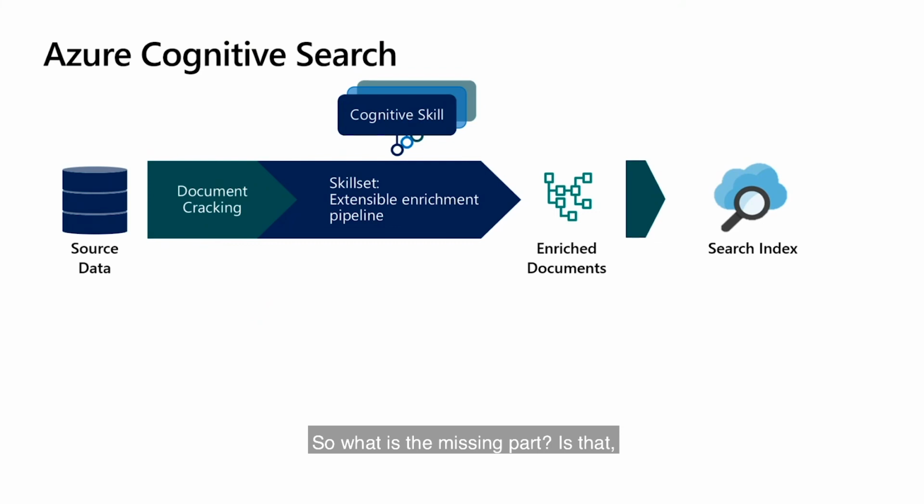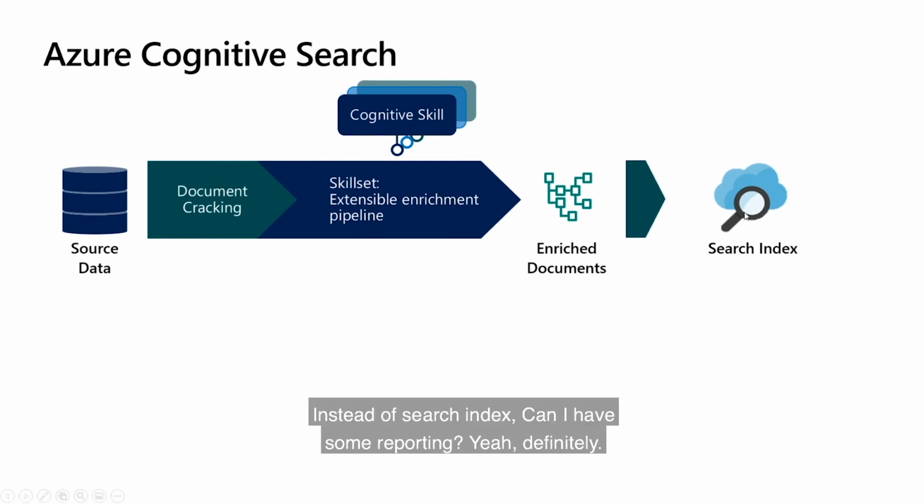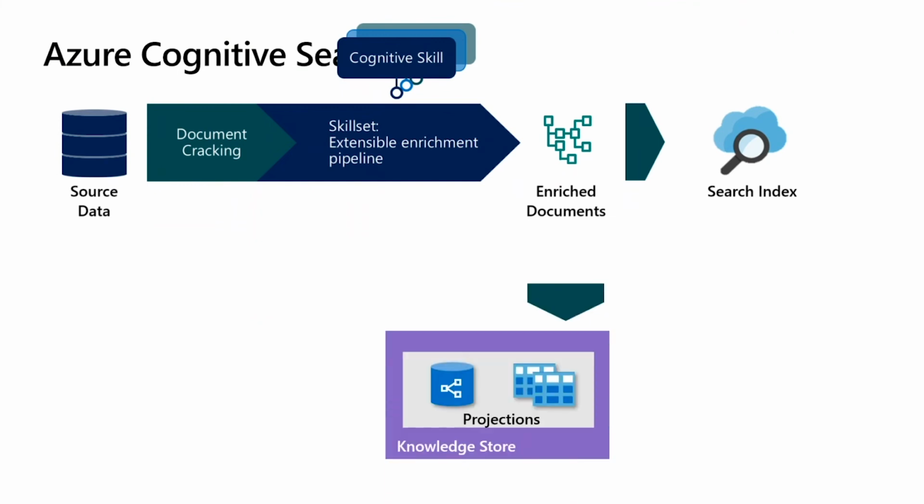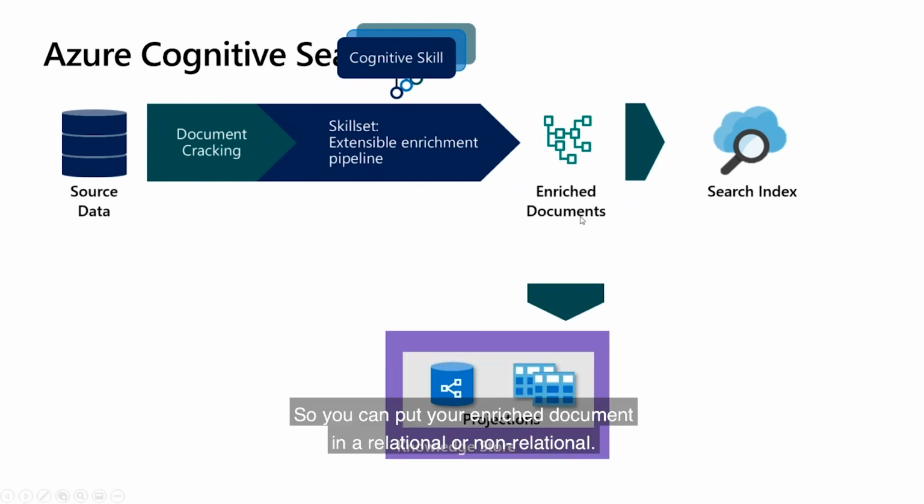So what is the missing part is that instead of a search index, can I have some reporting? Yeah, you definitely can. So we support a new functionality called knowledge store. So you can put your enriched document in a relational or non-relational store. So basically, it should be non-relational, to be honest.